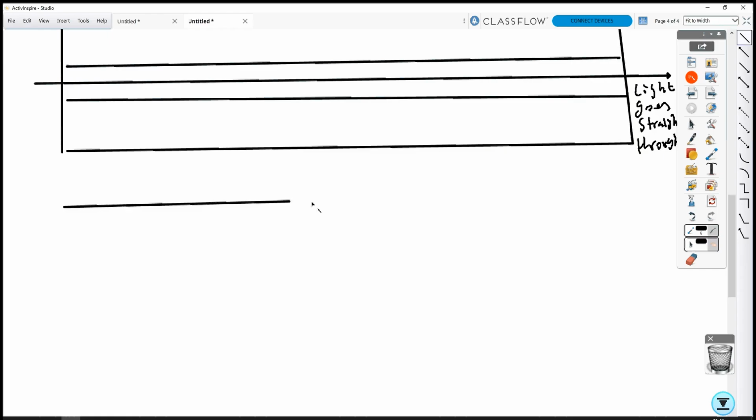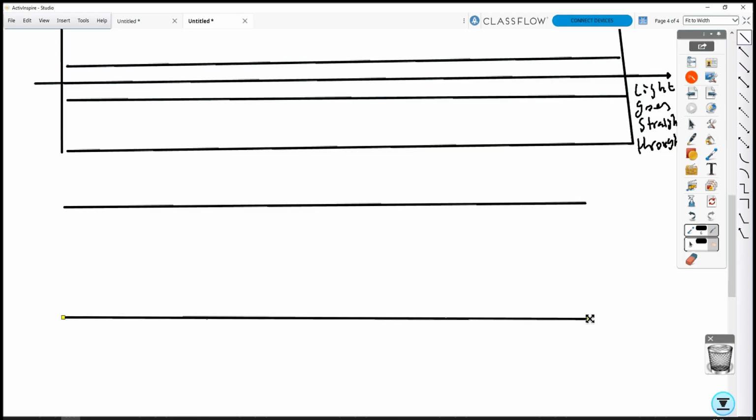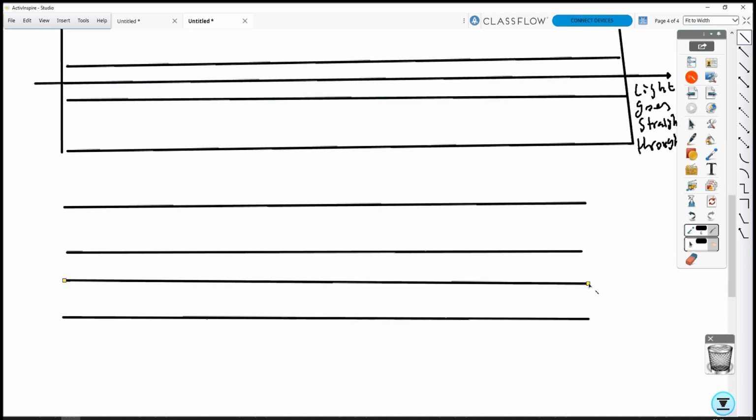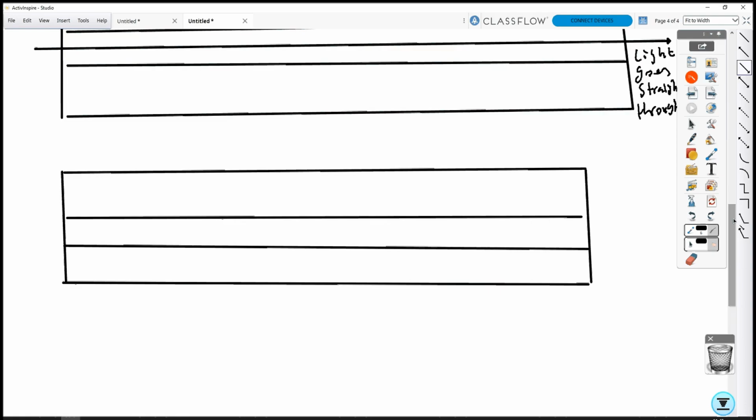We can do another sketch. So now, if we had light entering the fiber optic at some angle, then rather than heading straight through the fiber optic cable, at some point it's going to strike the core cladding boundary.